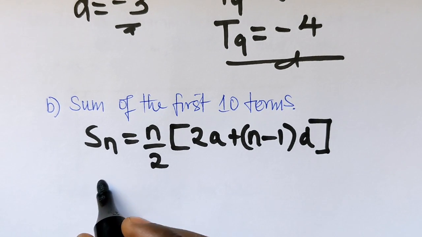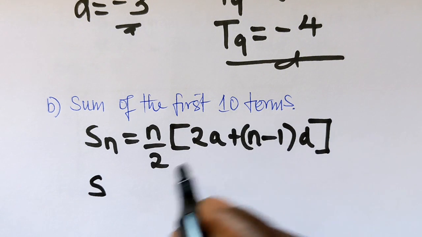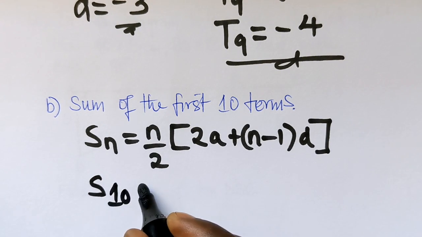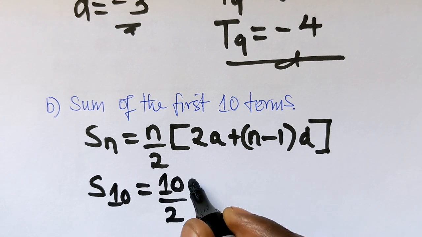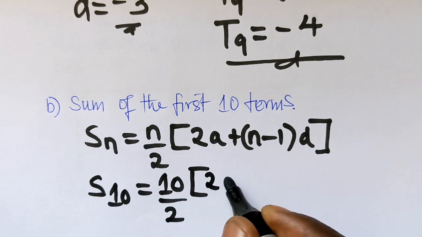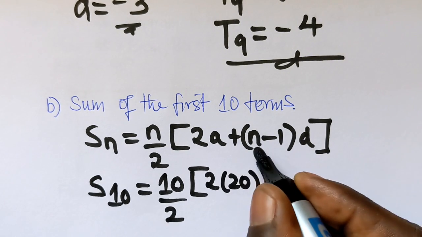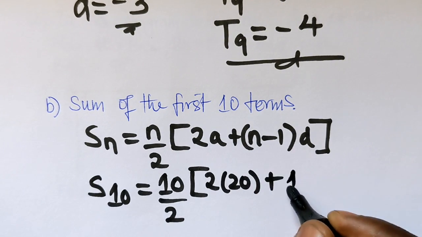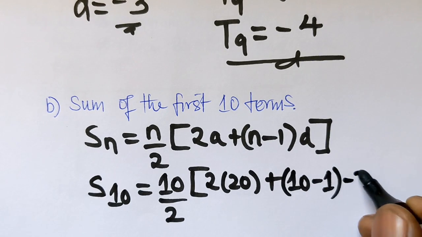This is going to be S10, since we're looking at the first 10 terms. So S10 is equal to, on n, we put 10 here, over 2. 2 times A is 20, so 2 times 20, plus n is 10, so 10 take away 1. Then D is negative 3.